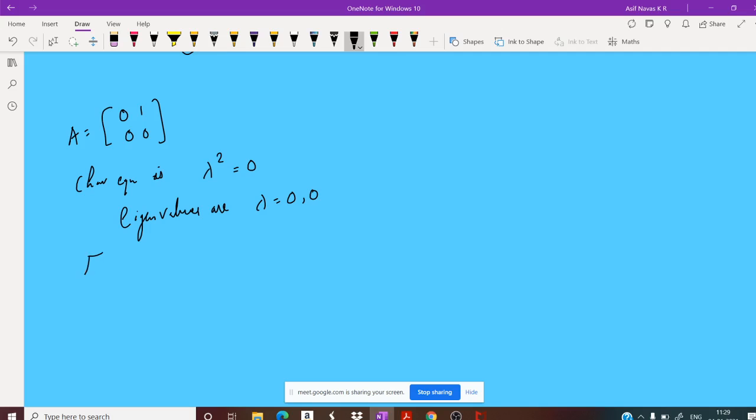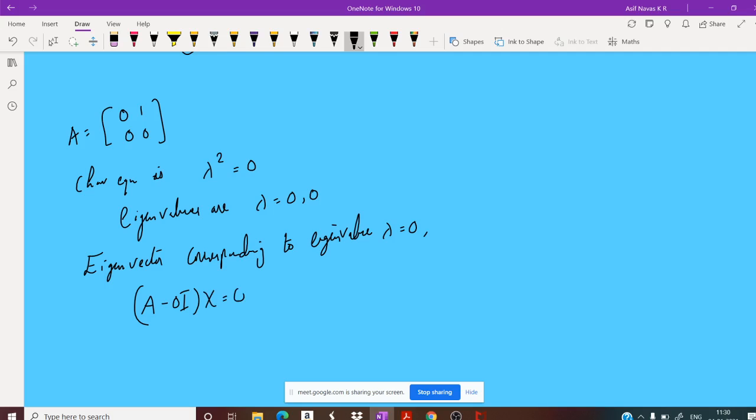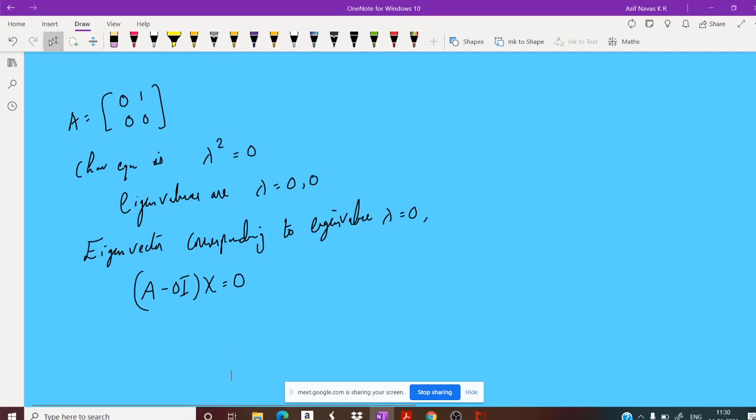Now we will find the eigenvector corresponding to eigenvalue lambda equal to 0. For eigenvalue 0, (A minus 0I)x is equal to 0. A minus 0I is A itself, right?